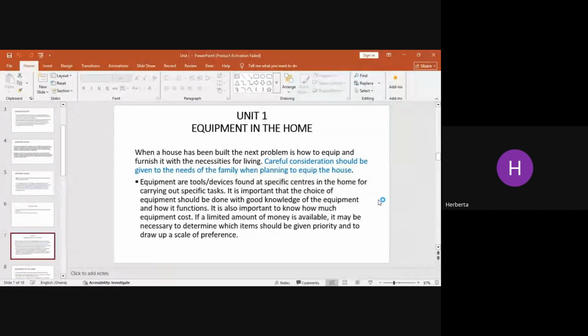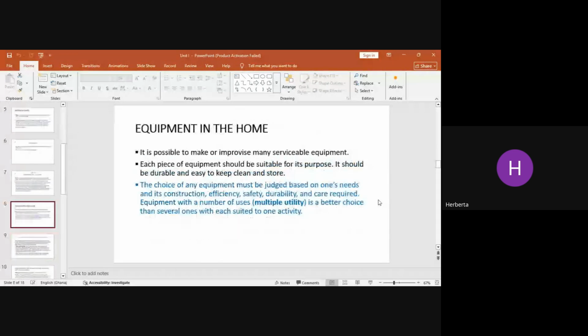So it is important to know what you really want to equip your house with before you buy any equipment. There are certain considerations that you make before you purchase an item.